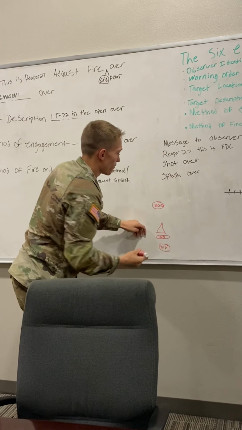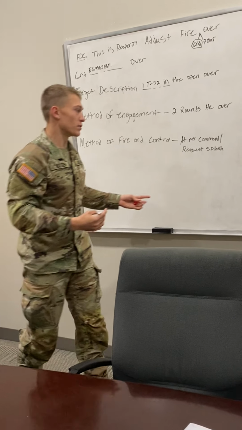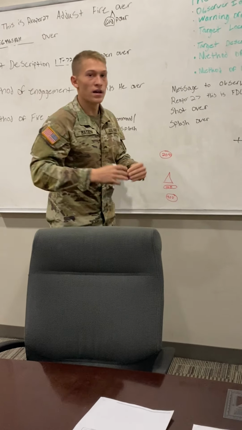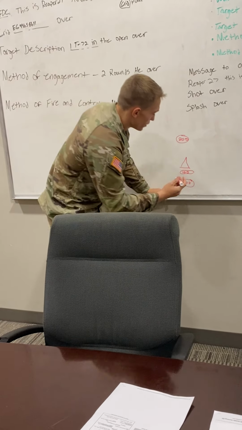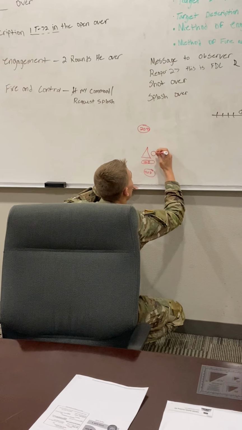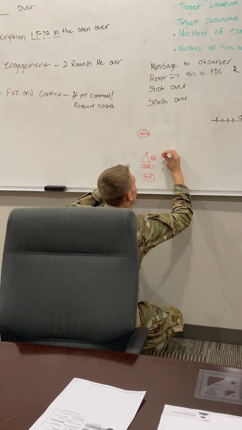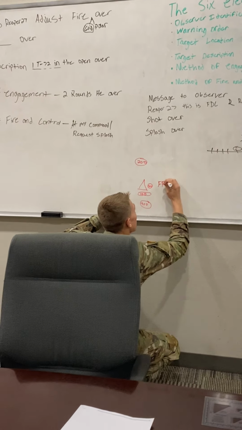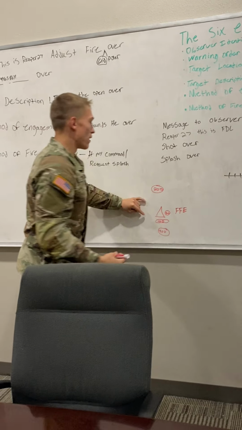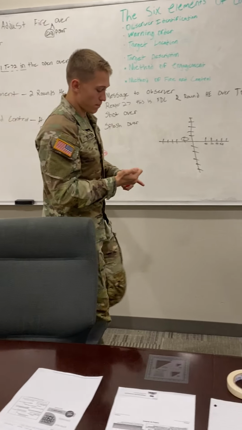Now, cut it in half. So once you get into 50 meters, that's when you can say, hey, I'm close enough, fire for effect. So you'll say, add 50, fire for effect. So that should hit right where you're at. 50, fire for effect. And then your rounds will impact, and then you should destroy your target at that point.